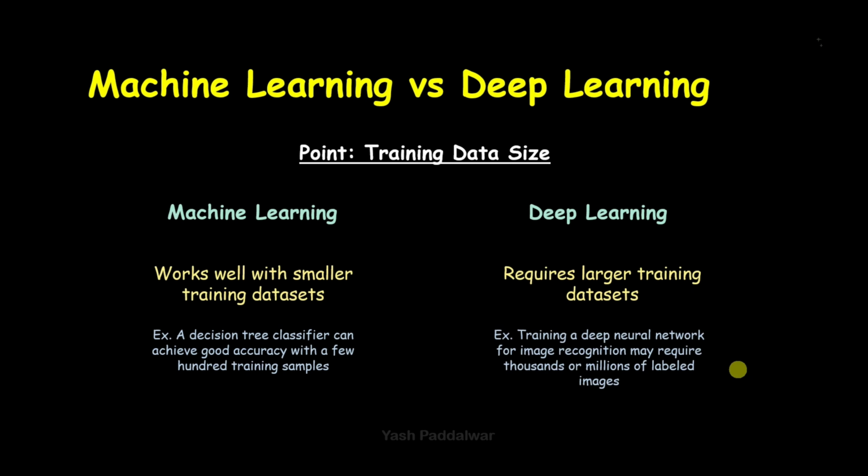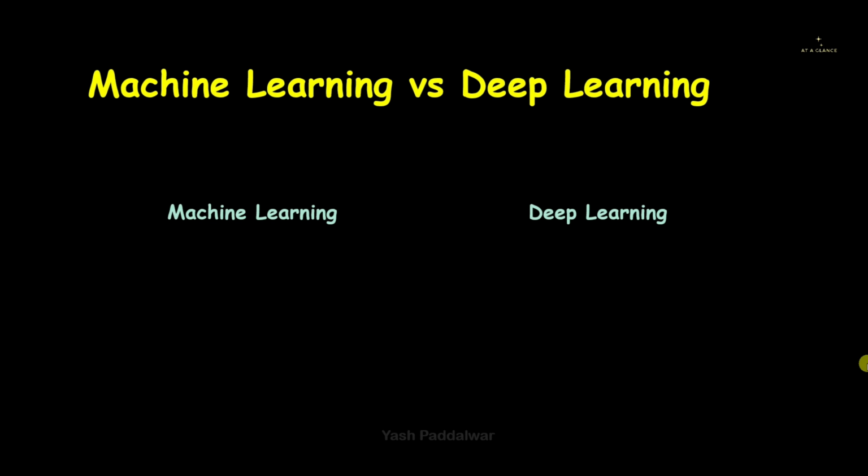For example, training a deep neural network for image recognition will require thousands or millions of labeled images, especially when it comes to complex images. When you provide more data, it will extract complex structures, which will make the model more robust. So I hope the difference between machine learning and deep learning is very clear with respect to training data size.